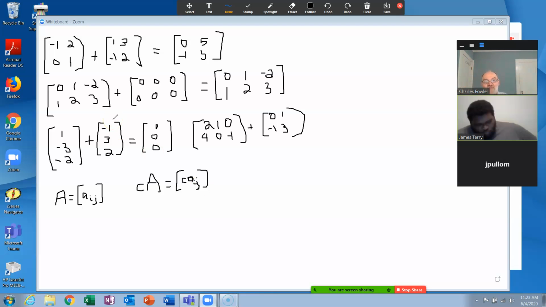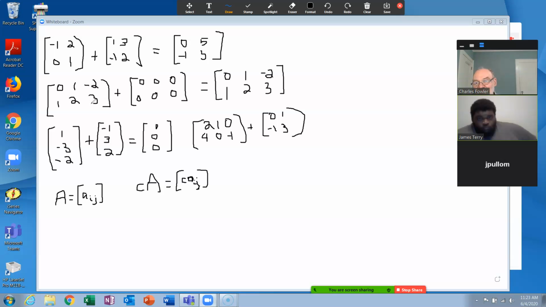For instance, give me a c, any c. Make up a number c. Anybody? Anybody? 3. Okay, what if you had 3 times this matrix right here? That would be 0, 3, -6, 3, 6, 9.